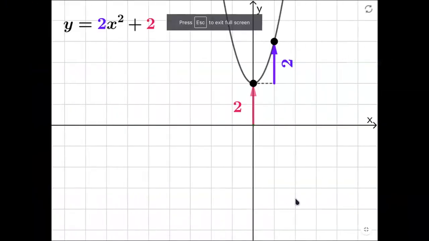Once again, we are connecting a quadratic equation with the graph. This 2 is represented by this arrow in blue color.